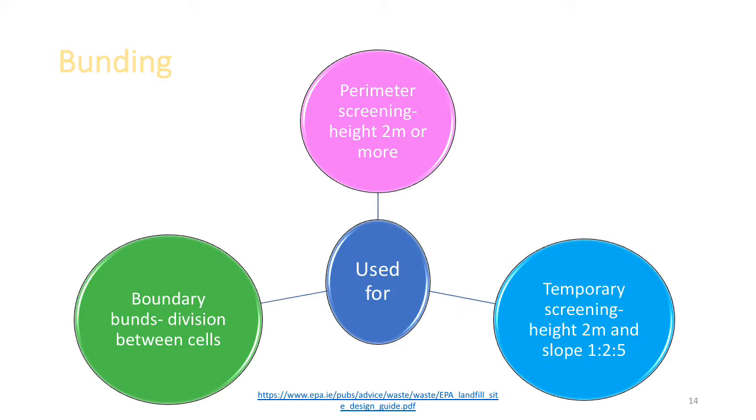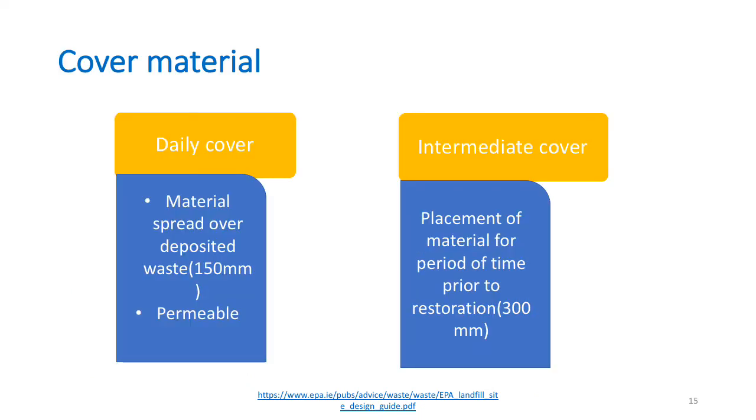Bunding. It is used for perimeter screening, whose height varies from 2 meter or more. Boundary bunds, which is division between the cells, and temporary screening, whose height is 2 meter and slope is 1 is to 2 is to 5. Next is cover material. There are two types of cover material, daily cover and intermediate cover.